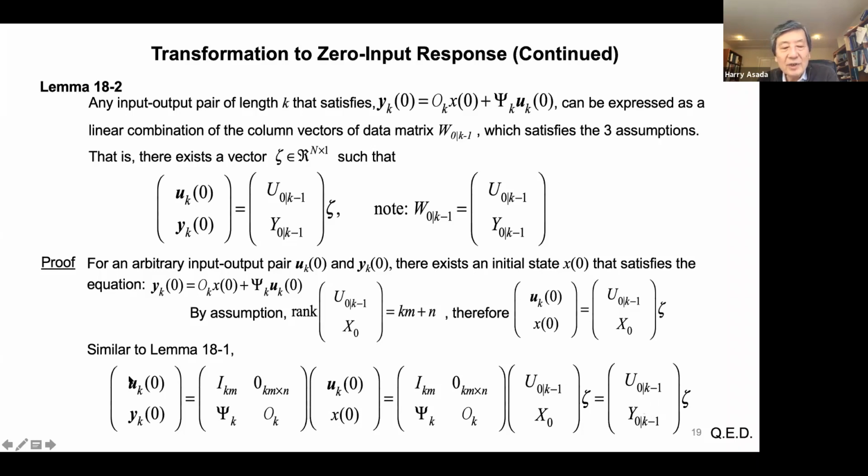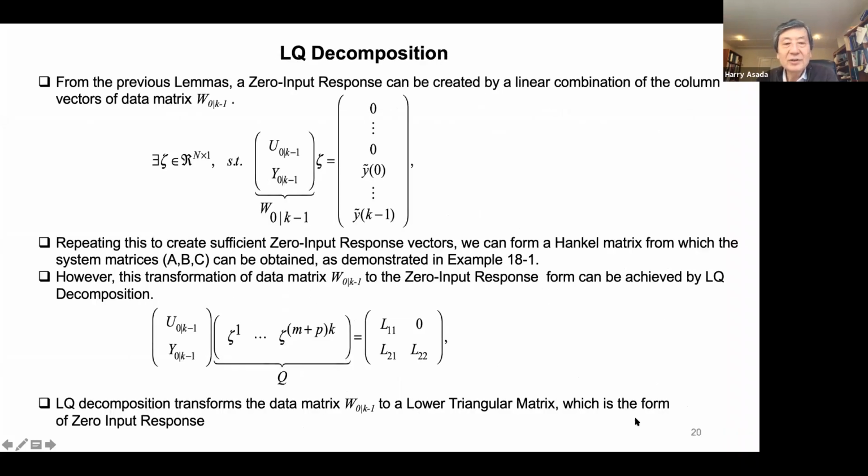So any input output data pairs can be created by the linear combinations of column vectors involved in your data matrix. So this is actually the mechanism behind this subspace method.